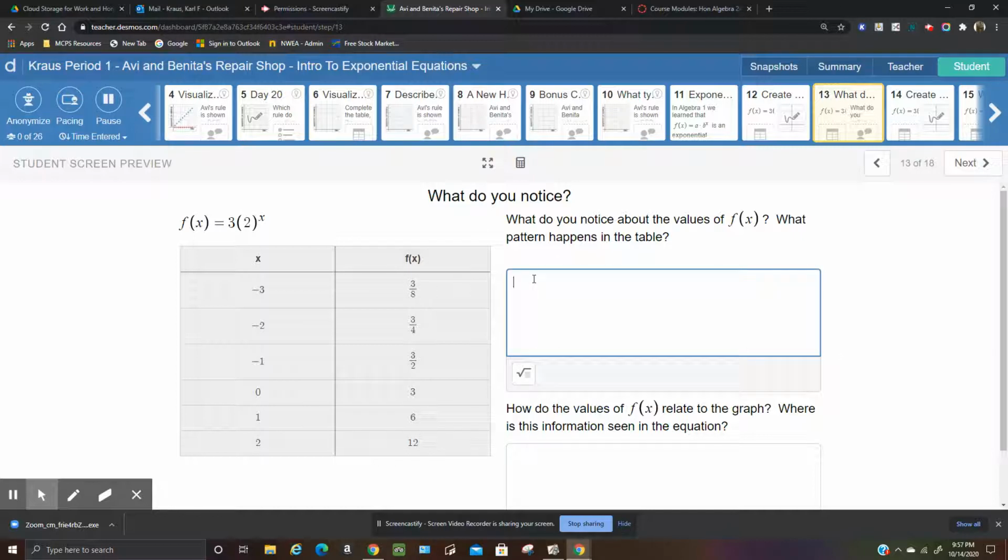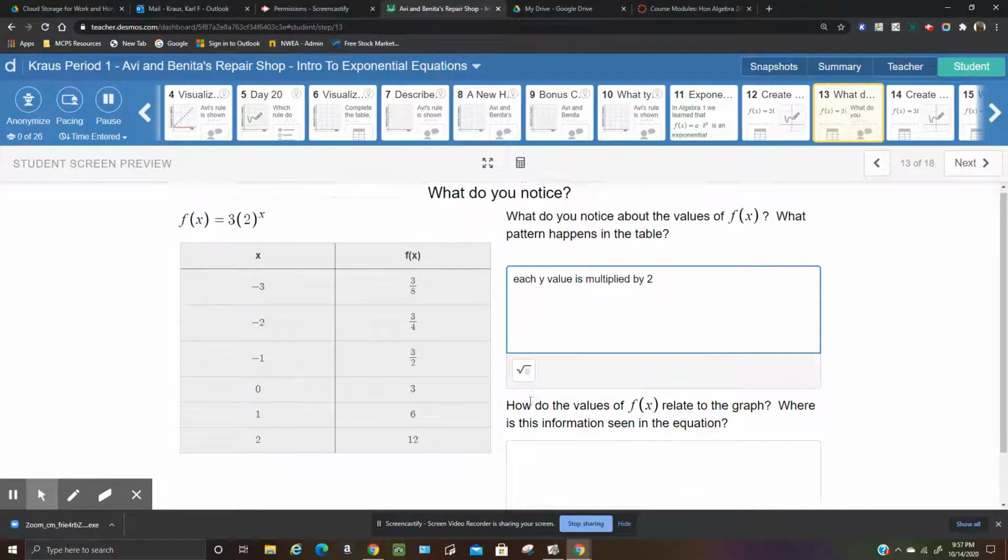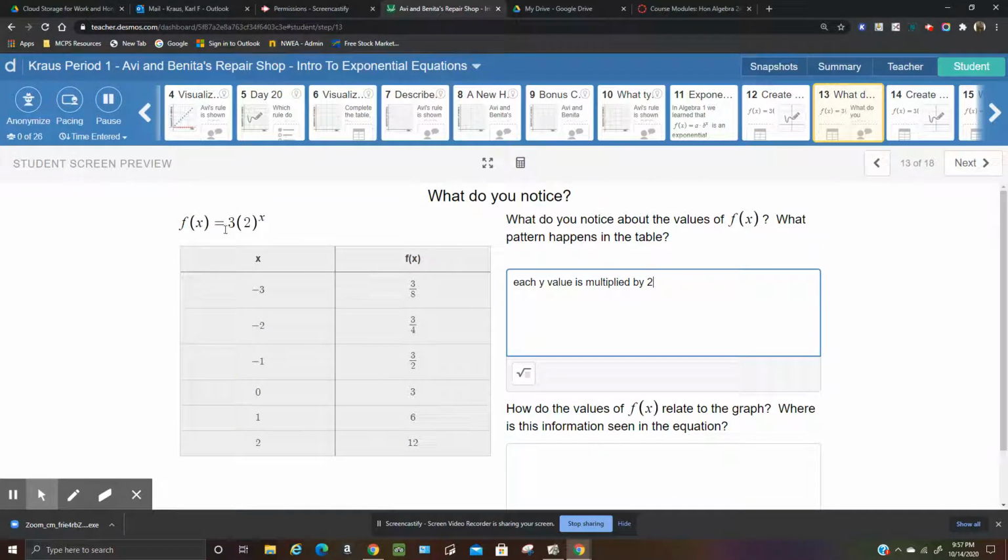So each y value is multiplied by 2. So how the values of f of x relate to the graph. So this 2 shows up here. It's multiplying the y values by 2.